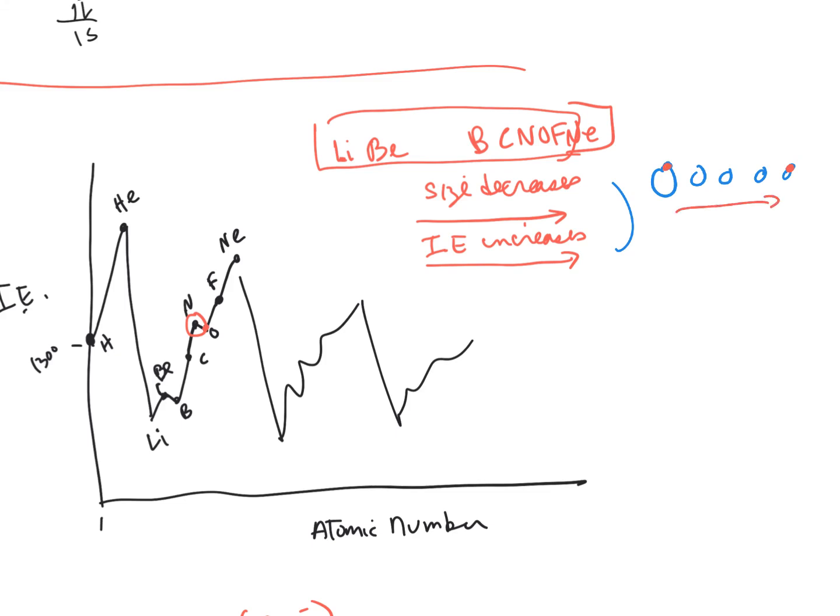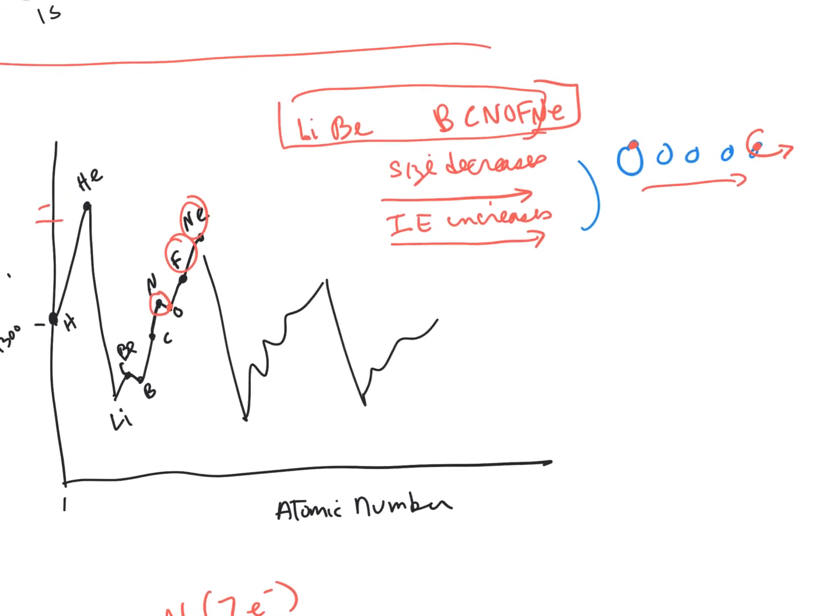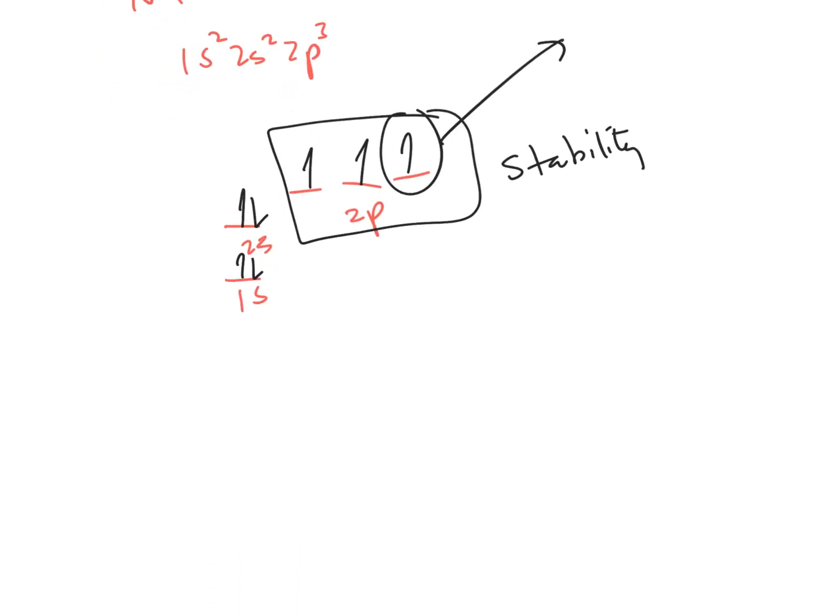So as the size decreases, it's harder to ionize the ones closer to the nucleus. So the ones further to the right, which would be fluorine and neon, are harder to ionize. It takes more ionization energy to knock the electrons out of those because they're held more tightly. That's the idea. All right, so size is related to ionization energy.